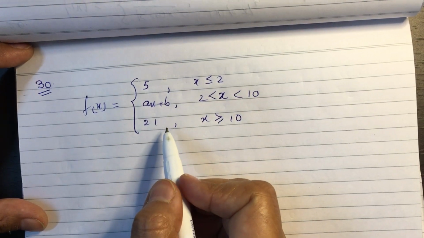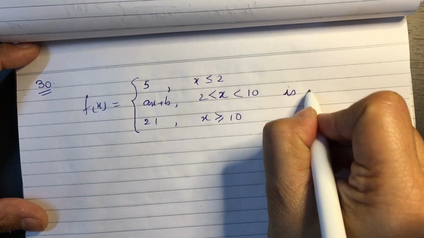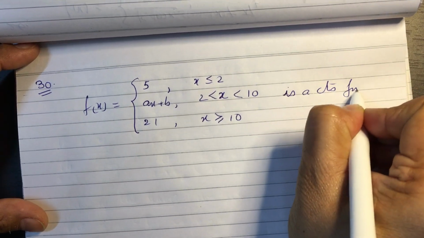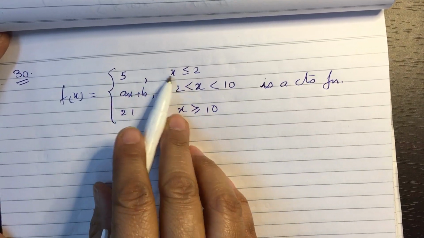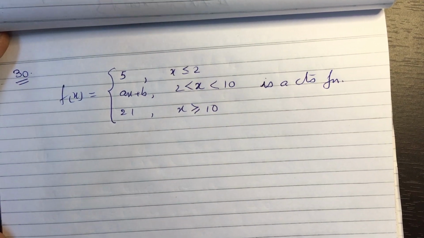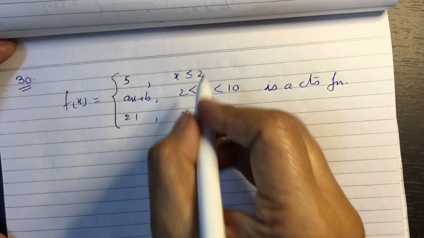Now we are given that this is a continuous function. It means it is continuous at all points lying on the real numbers. So what we do is we will check continuity.